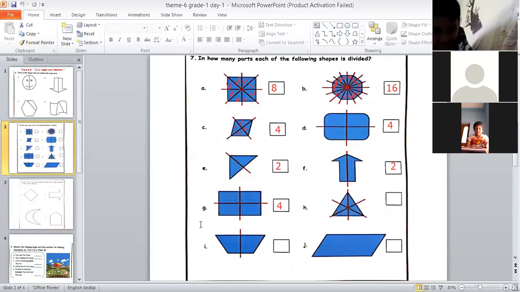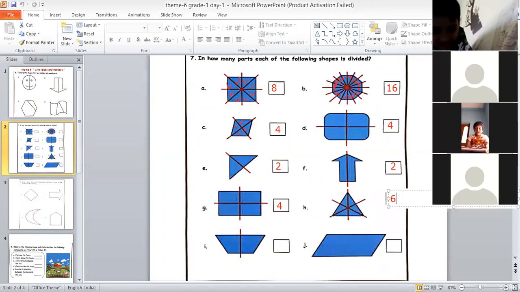So we will be writing here 4. Sai Ritvik, please unmute yourself. Yes, ma'am. Next shape, bit H. 6. Very good. The next shape is divided into 6 parts. That's correct. Very good.